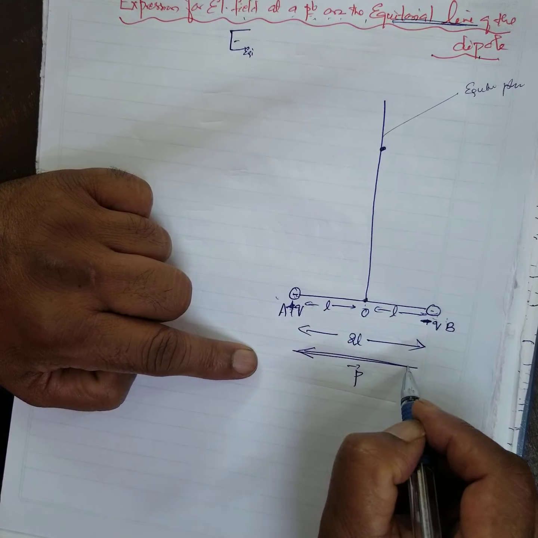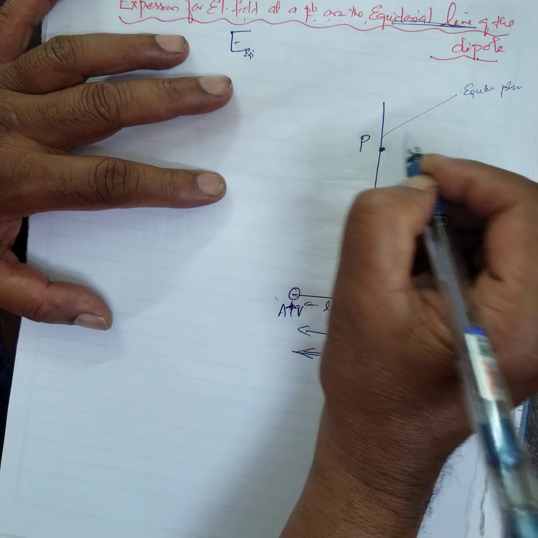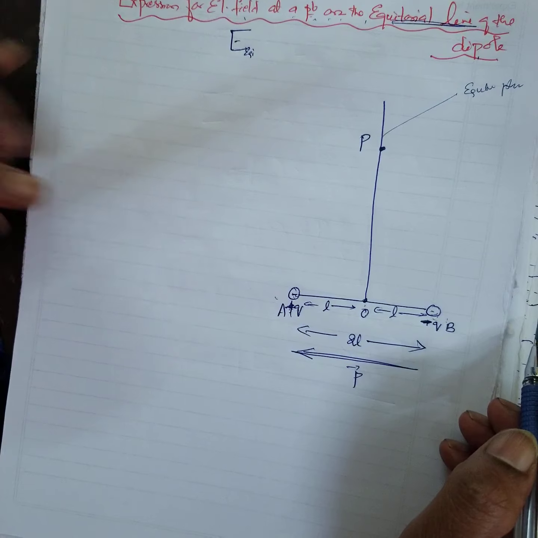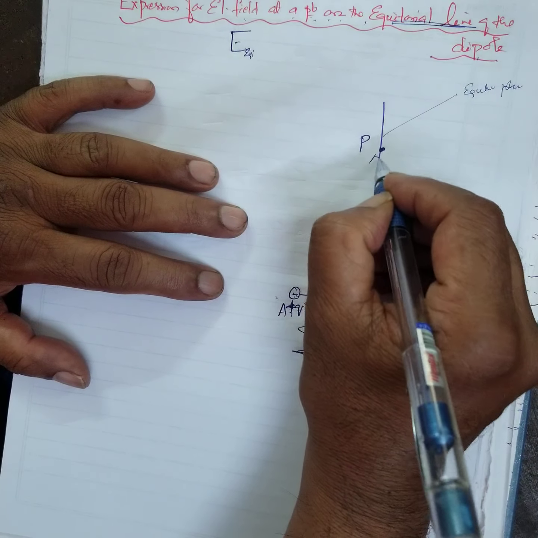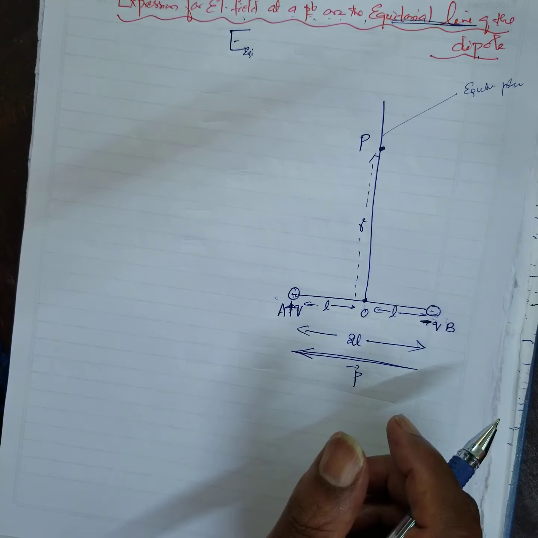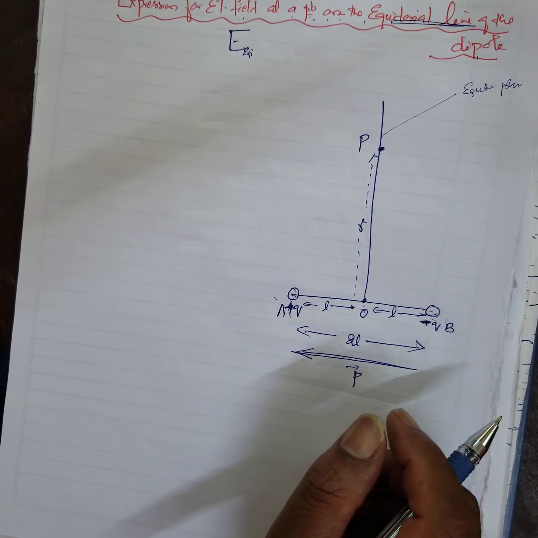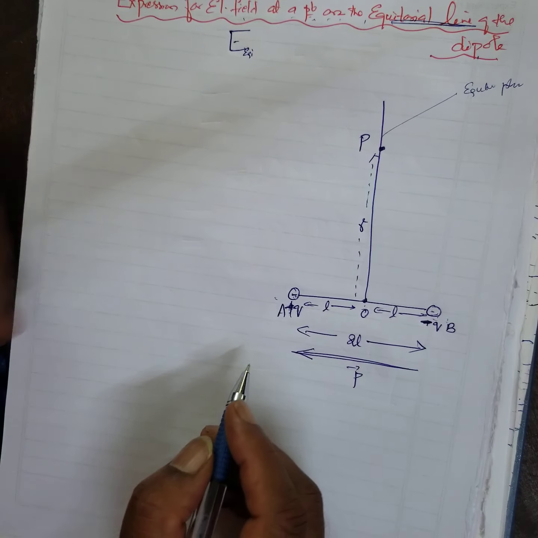I'll tell you, very easy. Let P be a point at a distance of R from the dipole.